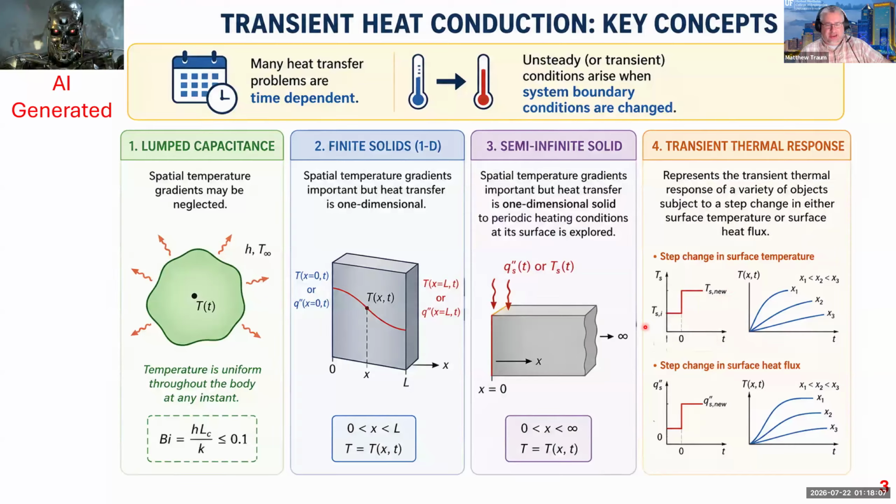So if the boundary conditions are changing in time, how do you deal with that situation? Anyway, I won't go over this slide again, but I will use it in future lectures to anchor where we are in this progression from lumped capacitance to finite solids to semi-infinite solids to transient. And if I didn't mention it before, this is an AI generated slide.